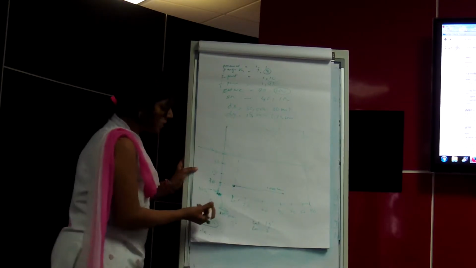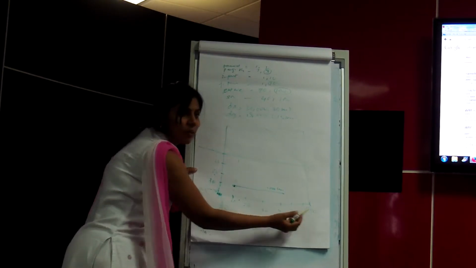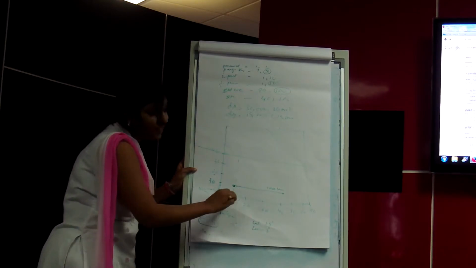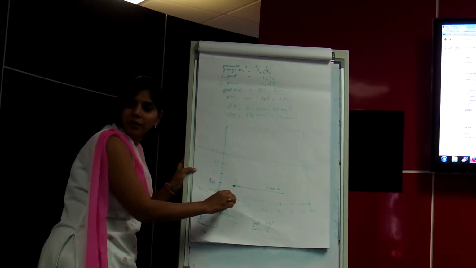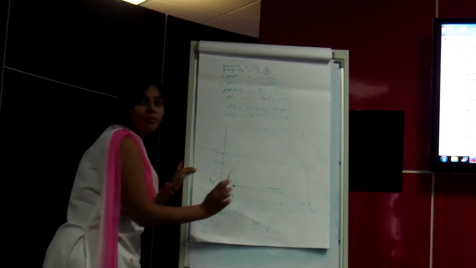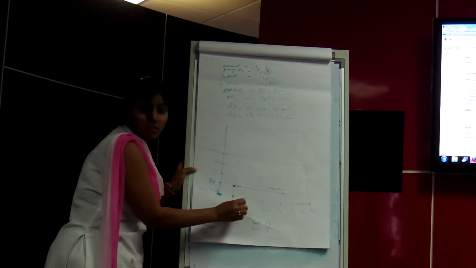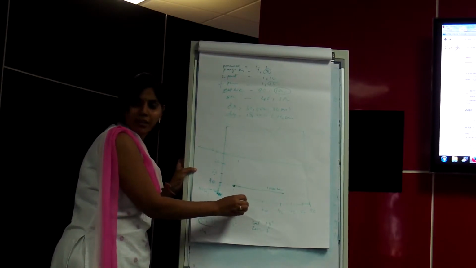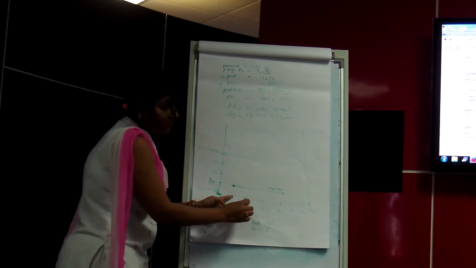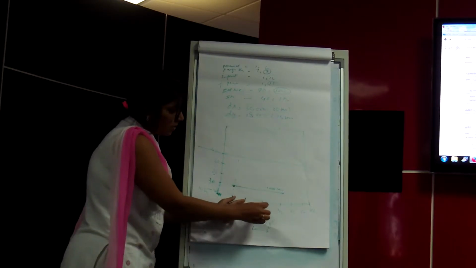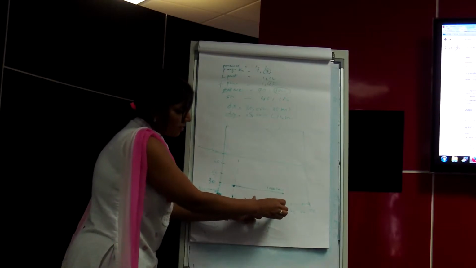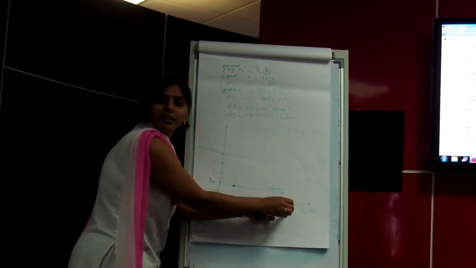Let us see what is the extent of this domain. This was 300 kilometers, right? So from here you need to have 1000. This is 300, 300, 300, 300.